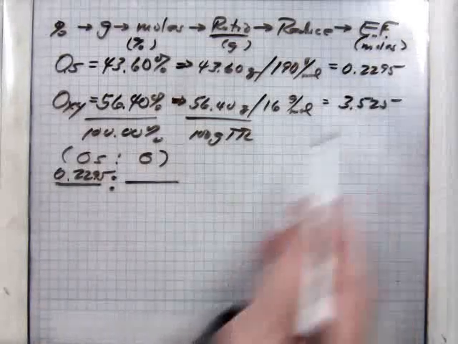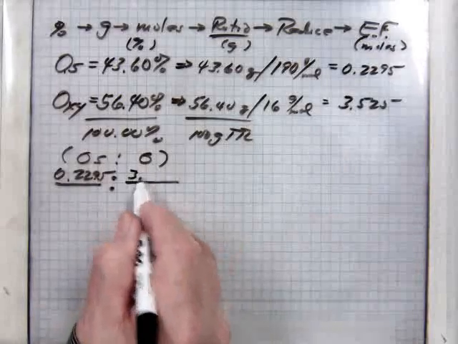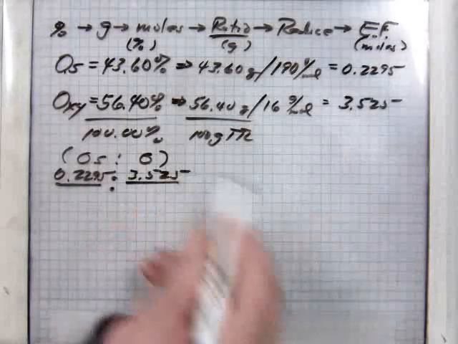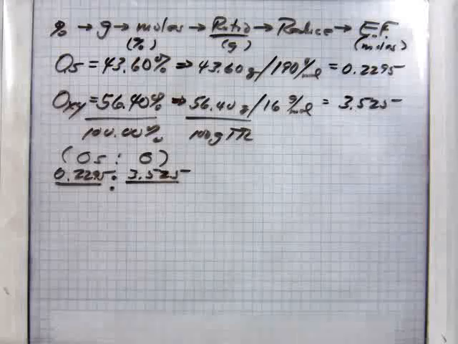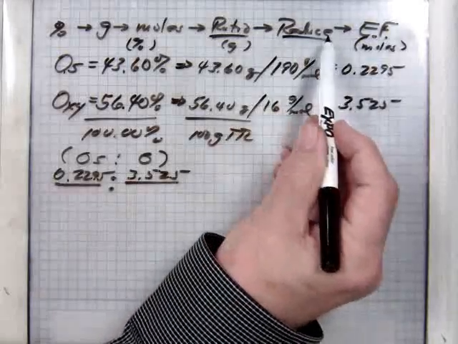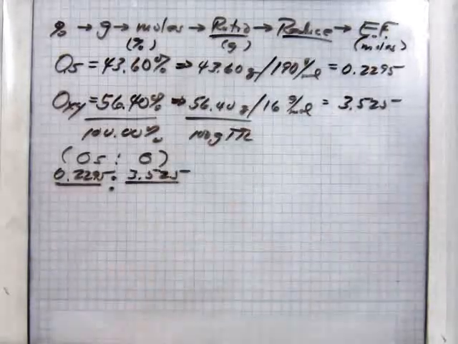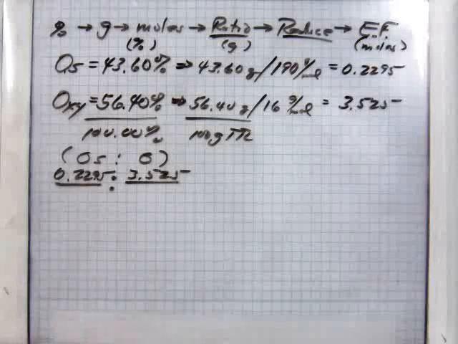And 3.525. Divide by and reduce. A ratio and then reduce. To reduce, you divide by the smallest of the numbers. What'd I say? Divide by the smallest of the numbers.